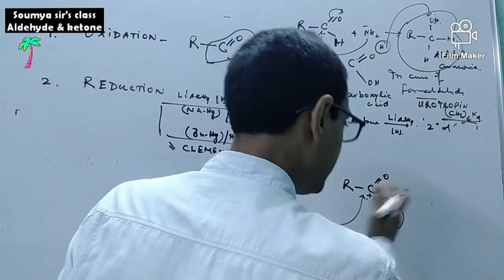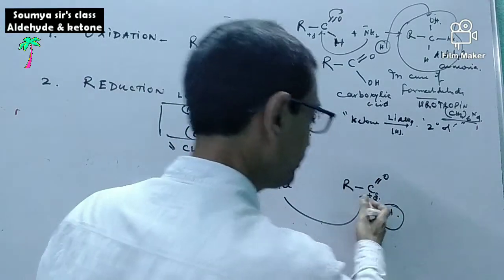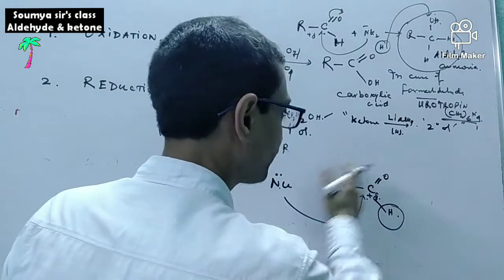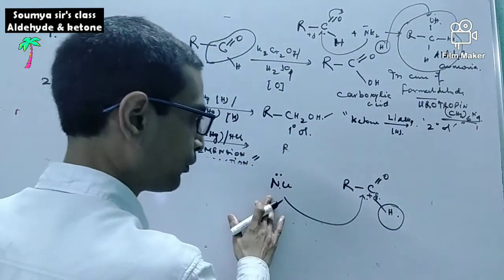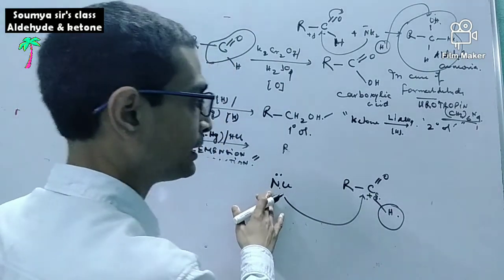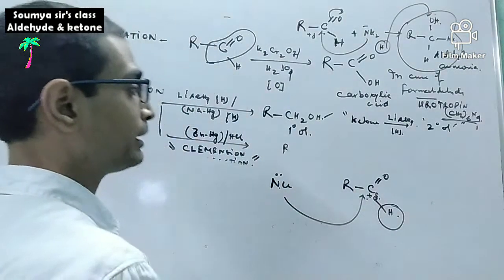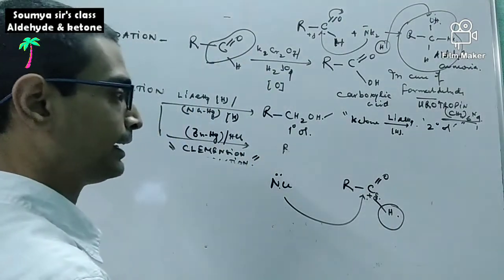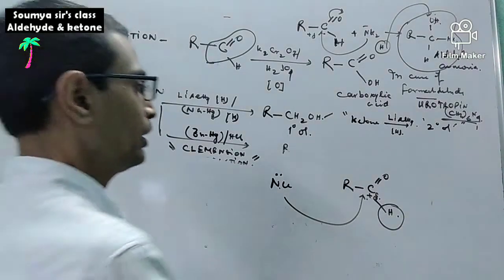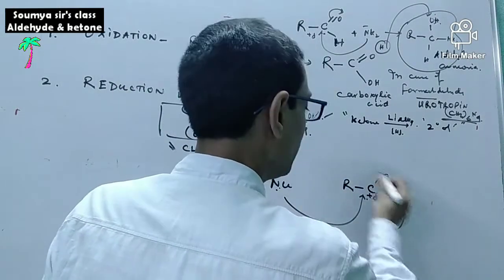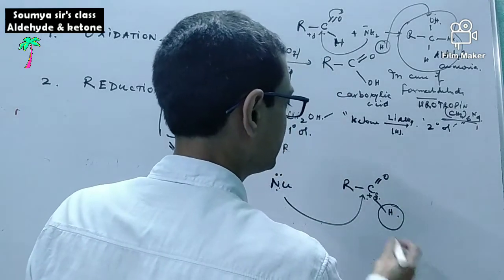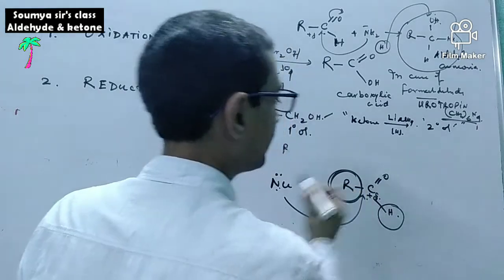Now for lighter aldehyde it will attack faster because accommodation space is available for the nucleophile. So for formaldehyde the nucleophilic addition is very high, but in case of higher aldehyde it will slow down because the nucleophile cannot have adequate accommodation here due to the bulkier R group.